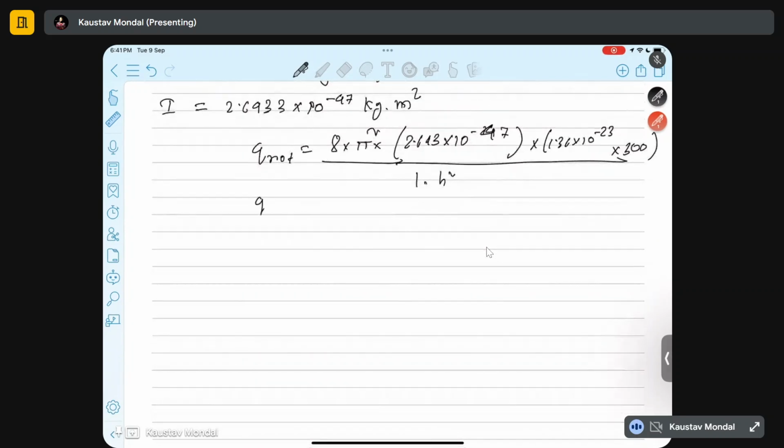If you calculate this, the rotational partition function will come as 19.6, which is very less actually. The rotational level.